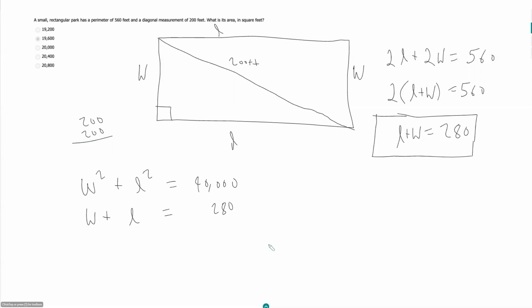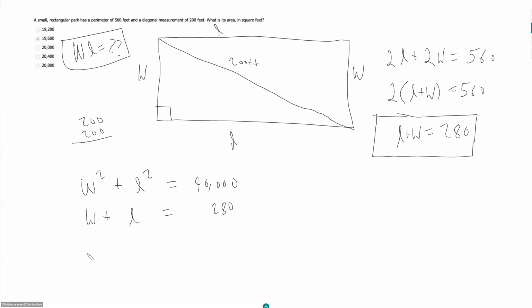Okay, so what can I do here? What am I asking for? I'm looking for the area, so I'm looking for W times L. How can I get that? It looks like I can try substituting.